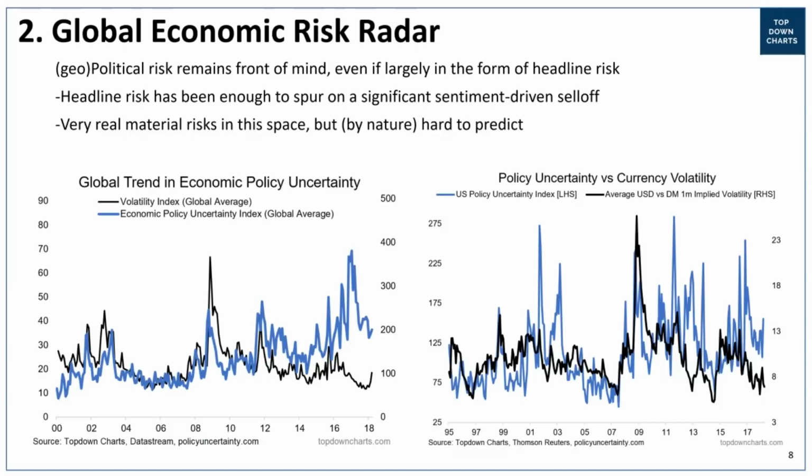One on the right is kind of interesting. It shows US dollar implied volatility against US policy uncertainty index, and I think it's fair to say that political risk for America is definitely more elevated than usual. It's a little bit more difficult to manage political risk.